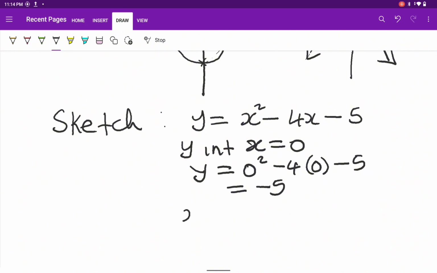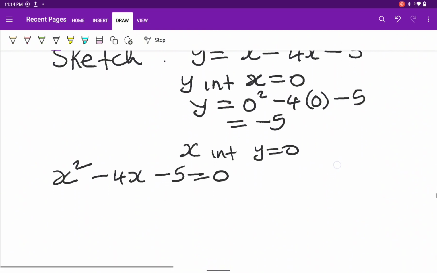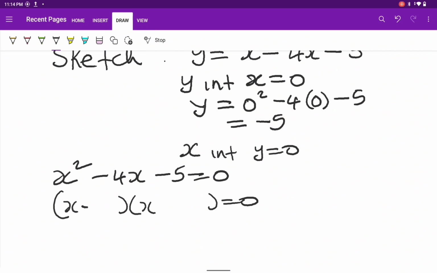Let's look at the x-intercept. We know that the y value is 0. So in other words, we will have x squared minus 4x minus 5 equals 0. We can factorize here. This is a trinomial, so we know it's a negative and a positive.